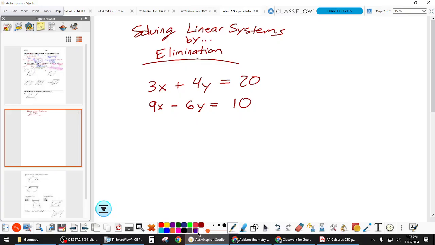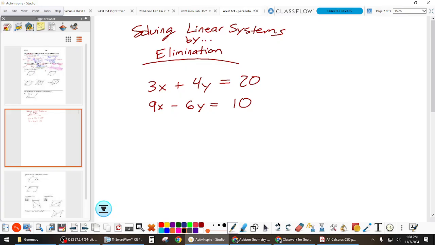The whole idea behind elimination, well, let me back up actually. Don't do this on your paper, I just want you to focus on that. Why can't we just solve that one equation? Yeah, there's no way to solve two things with one thing. That doesn't work.